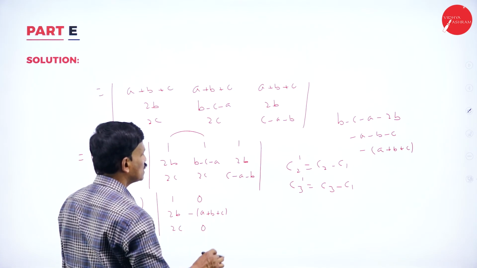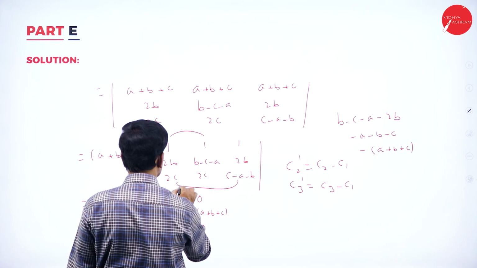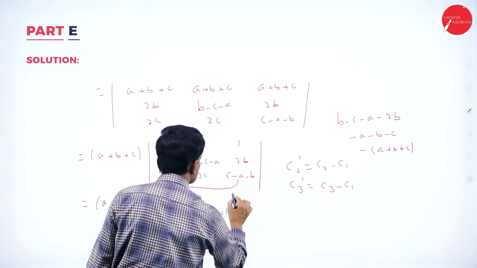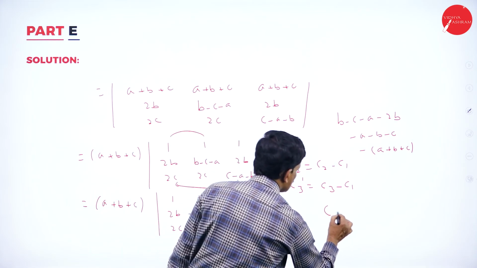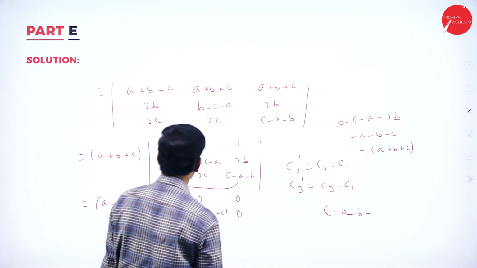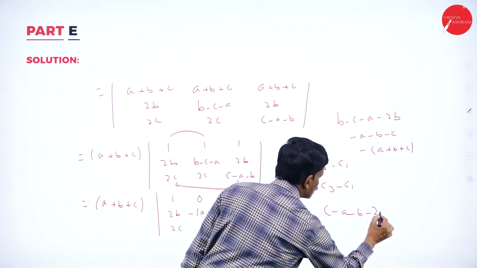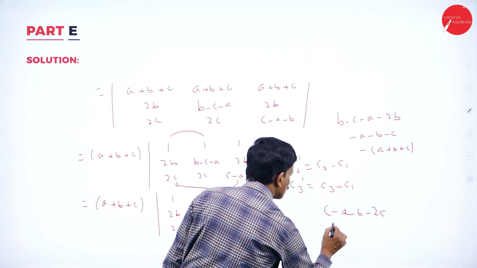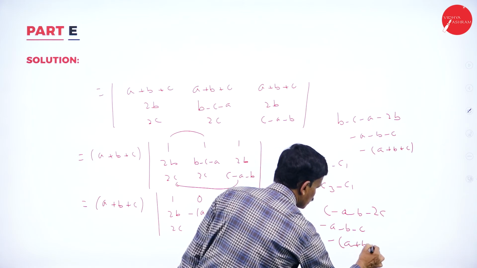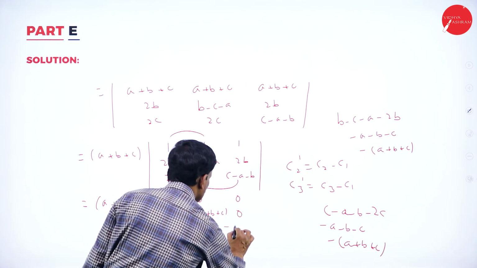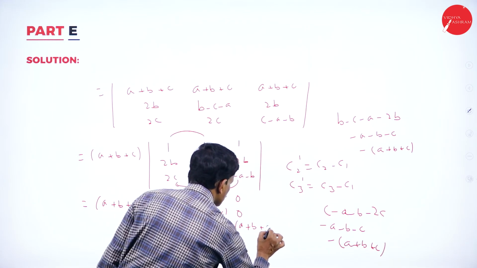Similarly, C3 minus C1, these two: 1 minus 1, 0. 2B minus 2B, 0. Here, C minus A minus B minus 2C. So this is minus A minus B minus C. You can take minus out: A plus B plus C. So this is minus of A plus B plus C.